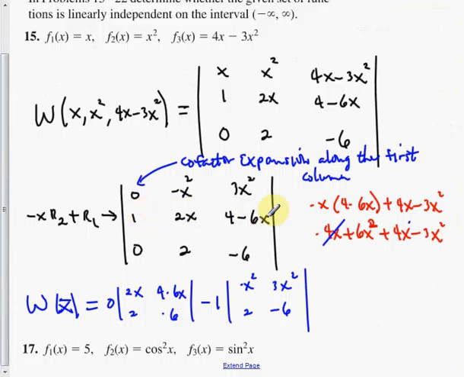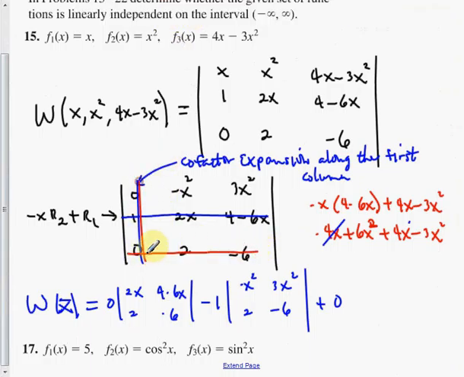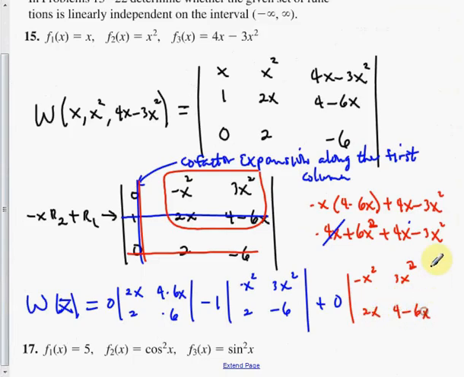That is, wherever this 1 is, I cancel out this row, I cancel out this column, then there's these 4 terms that's left. And then plus this last 0 here, which I get rid of its row and column, so it becomes what's left, these 4 entries here. Just negative x squared, 3x squared, 2x, 4 minus 6x.